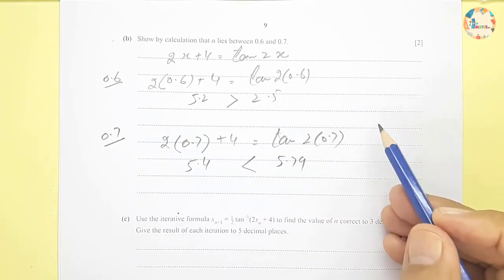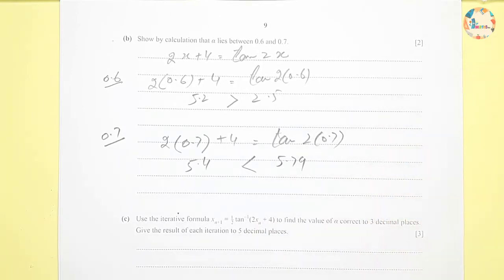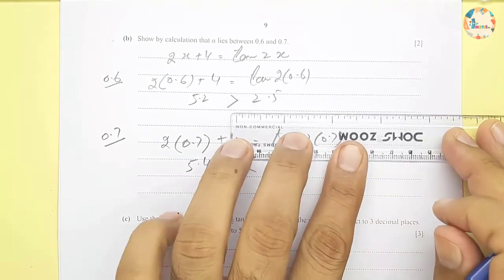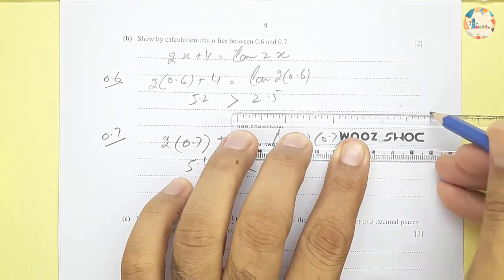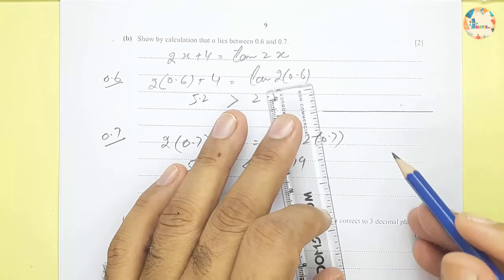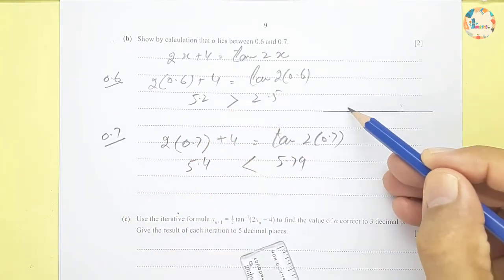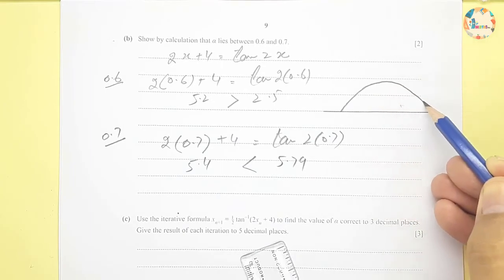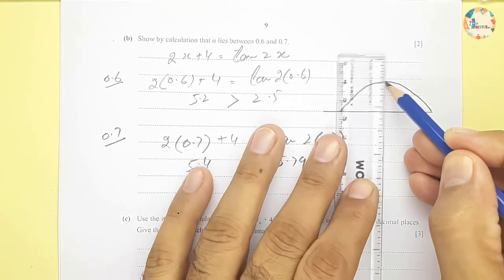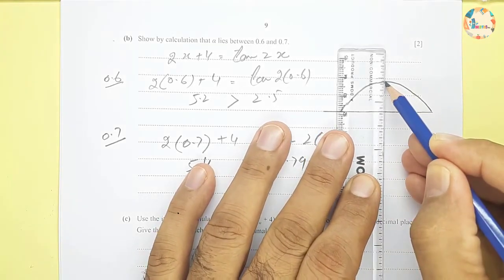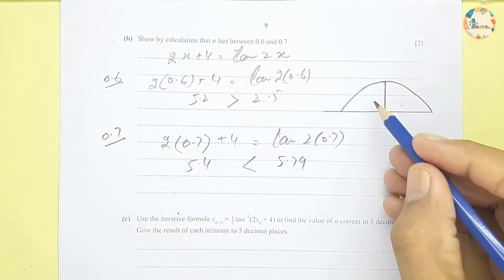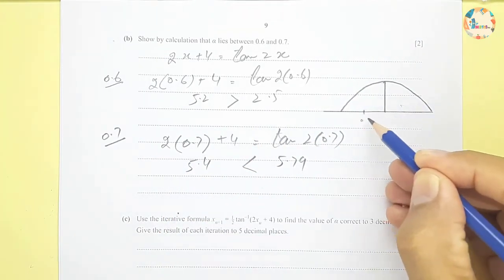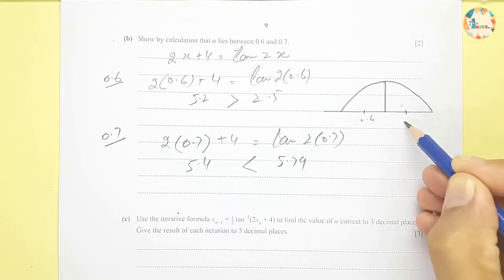Basically if we want an explanation for that, it will be like this one, and the curve is like this. This is the maximum value, which is alpha over here, and we are saying that 0.6 is over here and 0.7 is over here.